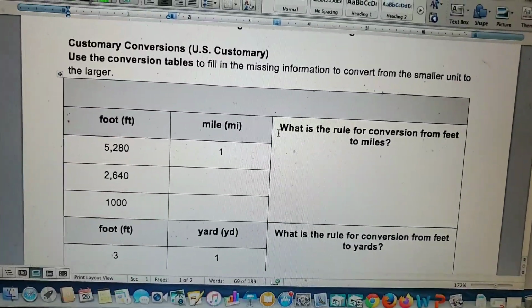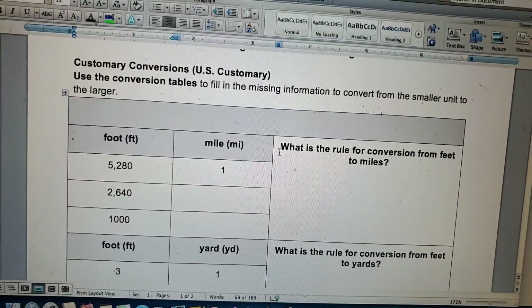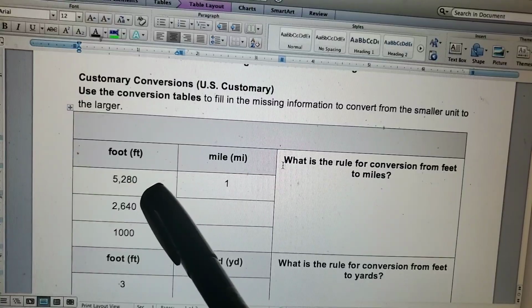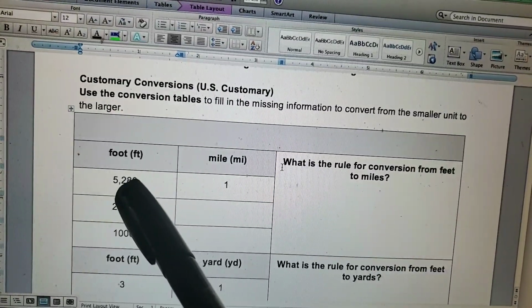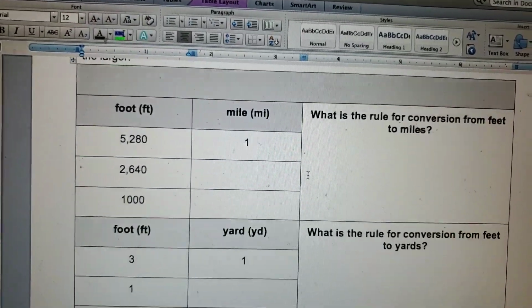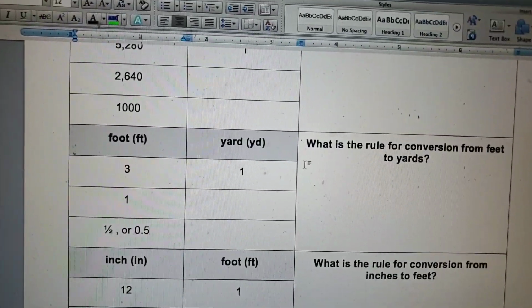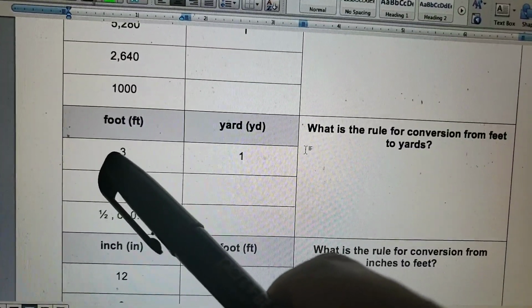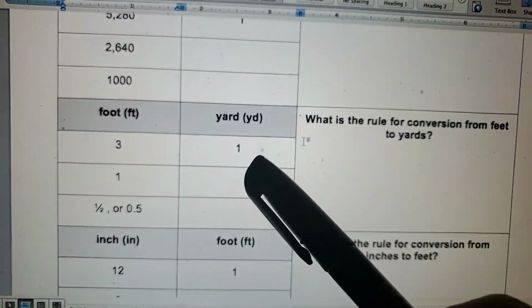How are we going to do that? We're converting feet to miles. Take the feet and divide by 5,280, and that will give you the miles. For the second chart, you're going to convert these feet into yards.